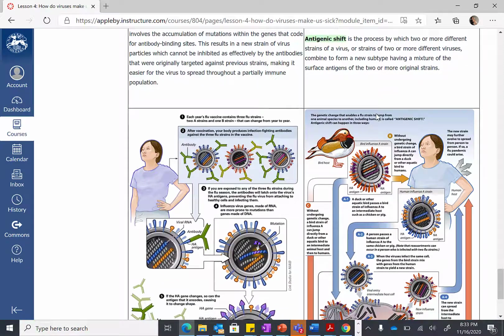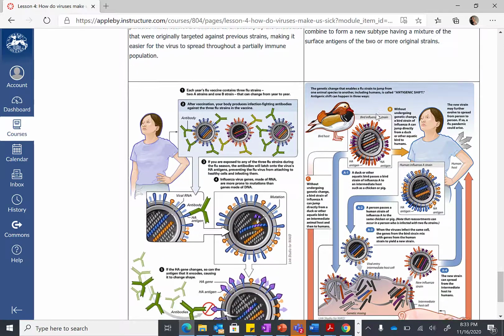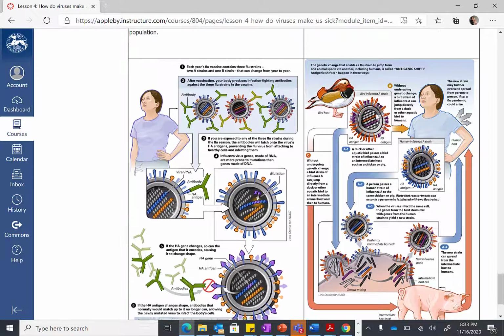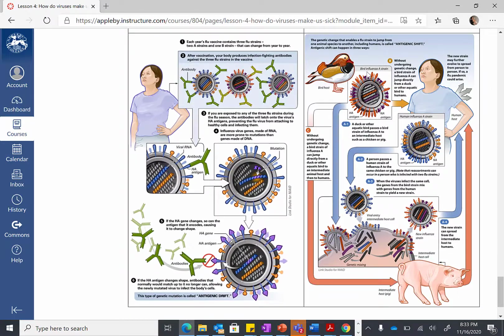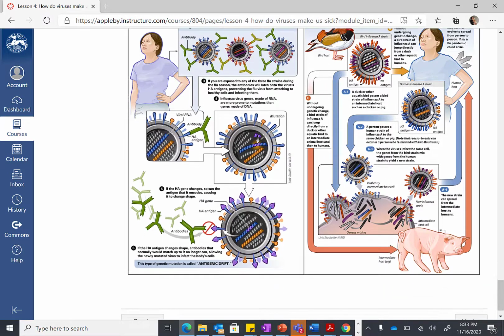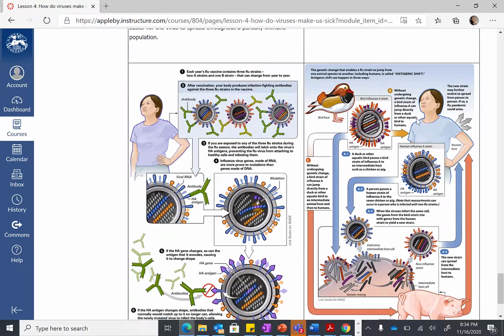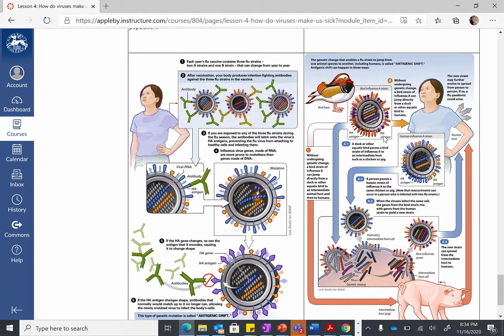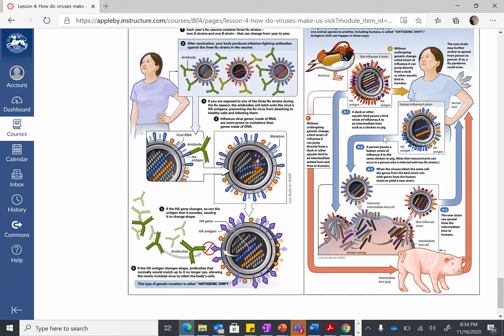Antigenic shift is basically when you get mixing of viral strains. So in this example here, you're looking at bird flu and human flu. And you can see that a pig ends up becoming infected with both human flu and bird flu. This idea of antigenic shift is much more common now because humans work more closely with animals in terms of farming, markets, pets, things like that.